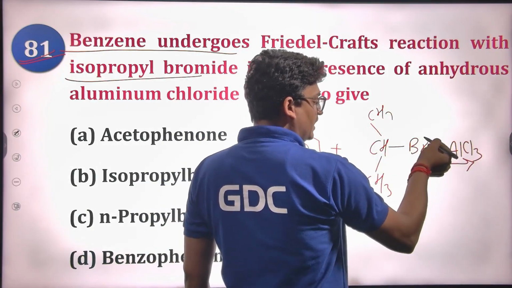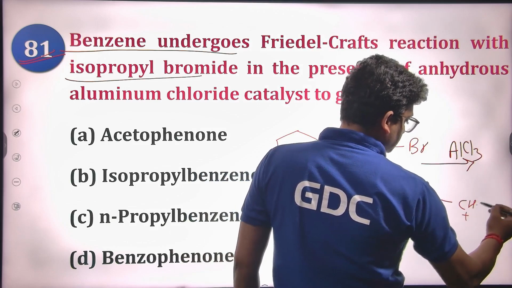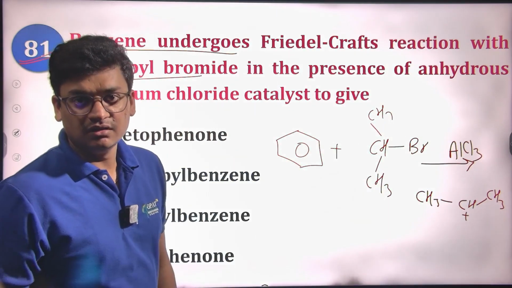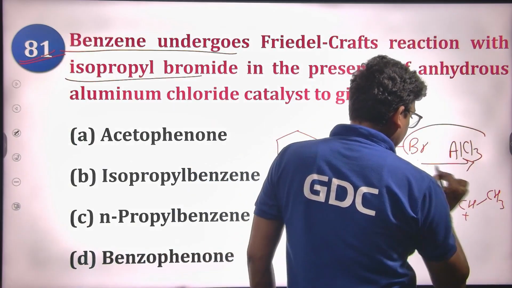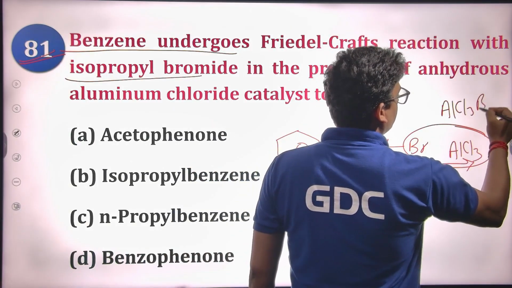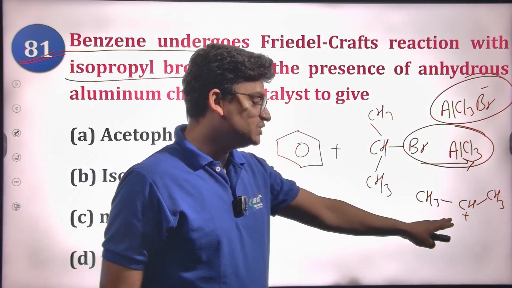When AlCl3 reacts with the bromide, we get CH3, CH positive, CH3. This is the electrophile, along with AlCl3Br minus. So this is what the catalyst does, and this is your attacking reagent.